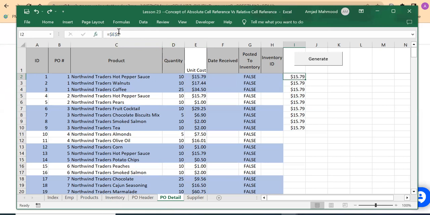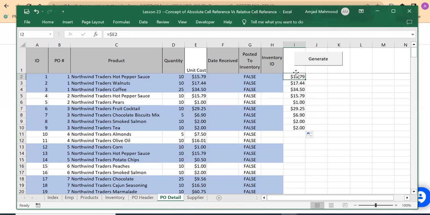If we keep the $ only with E, the column, and remove the $ sign for the row, what would happen when we copy? E2 will become E3, and E3 will become E4 as we copy downwards.